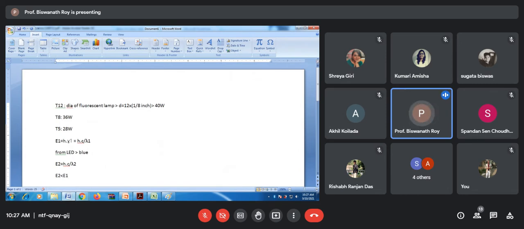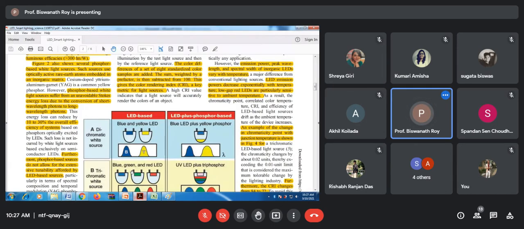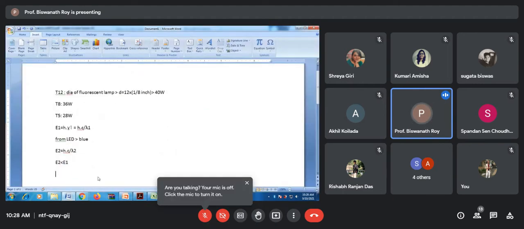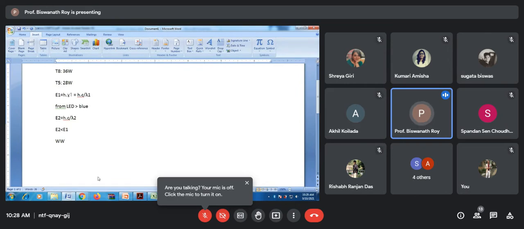Now simply you see that since lambda 2 is in the longer wavelength region, E2 is less. So here E2 is less than E1. This is actually the energy loss, which is named the unavoidable Stokes energy loss. So phosphor-based white LED light sources suffer from unavoidable Stokes energy loss. This is the explanation of the Stokes energy loss.